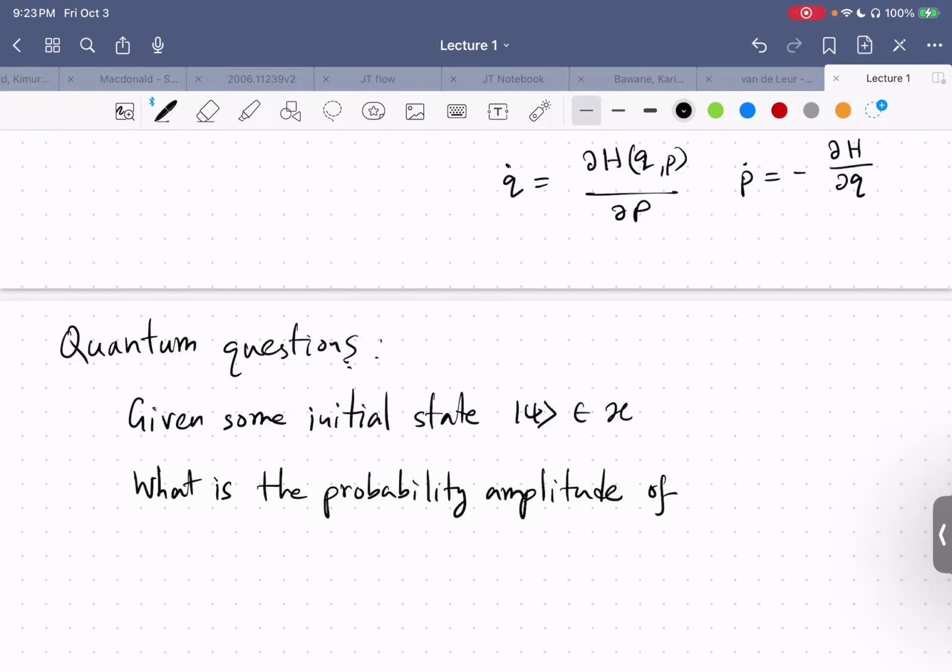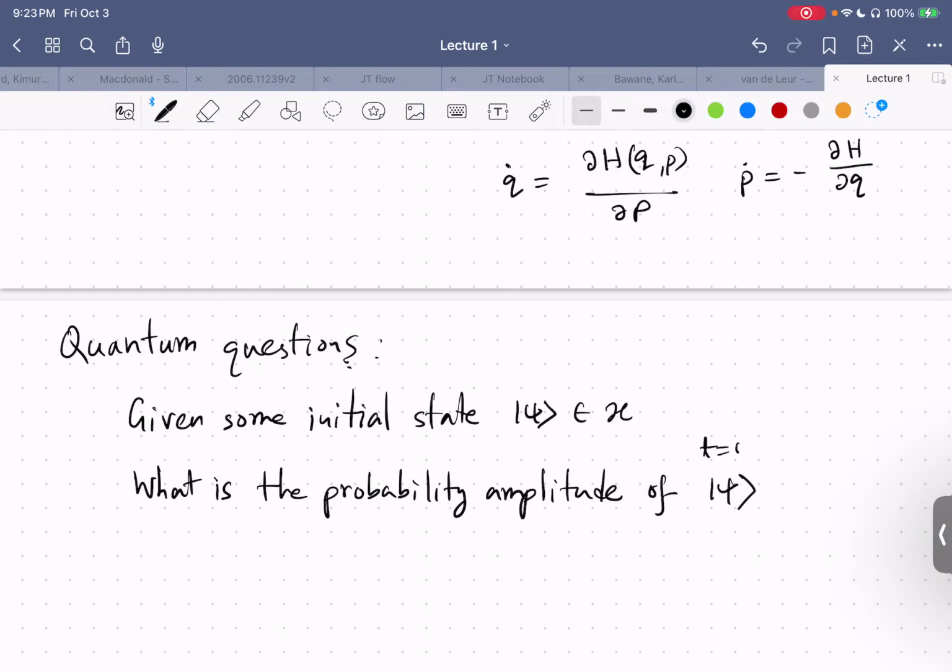So basically, we can say something like, you start from psi at time t equals 0, and then at a later time t, specify some other state. Actually, the states are just states, so it's some state from our Hilbert space.